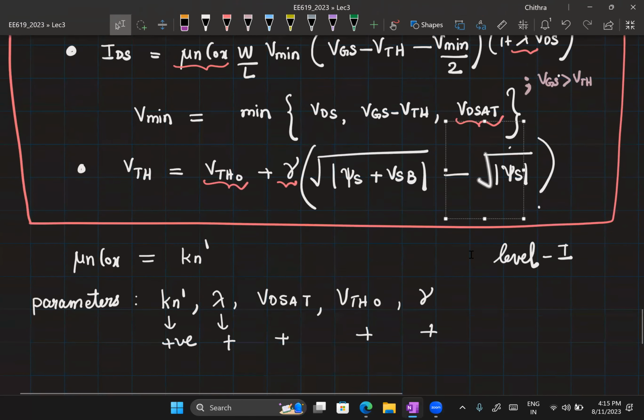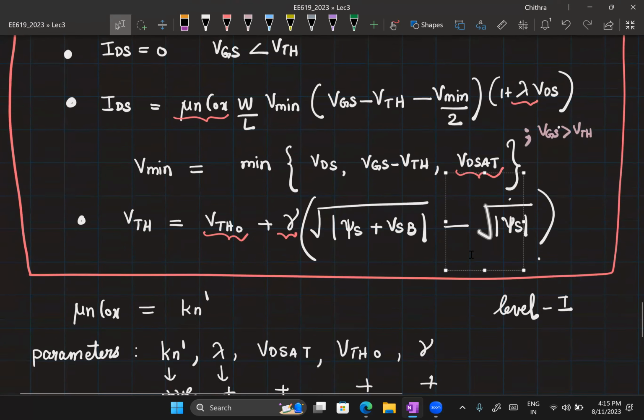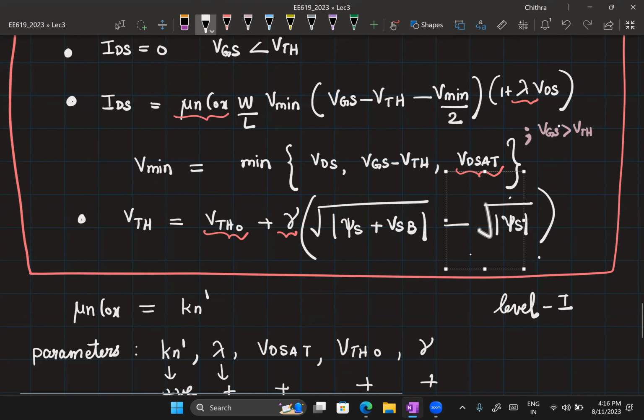Okay. So now here is another question. There is mu and COX and W by L together, right? Why did I not combine W by L along with mu and COX? Right, because W by L is now a design parameter that is under our control as a designer.